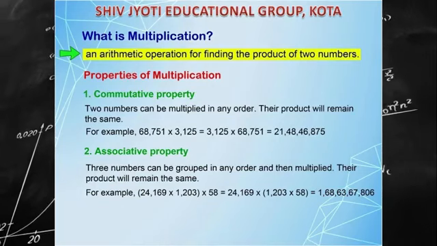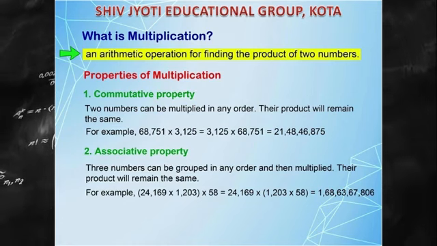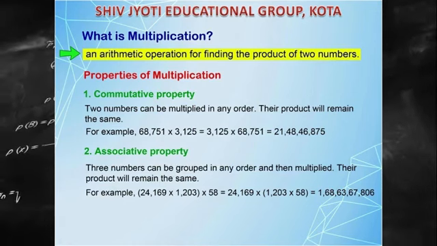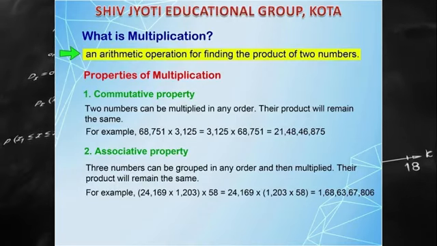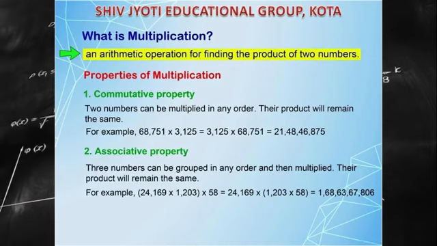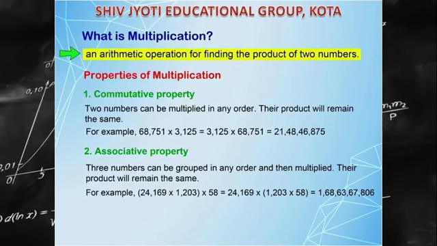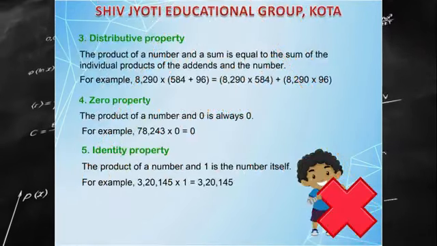For example, multiplication of 24,169, 1,203 and 58 is same as multiplication of 24,169, 1,203 and 58 grouped differently.